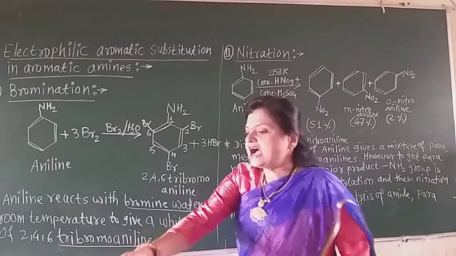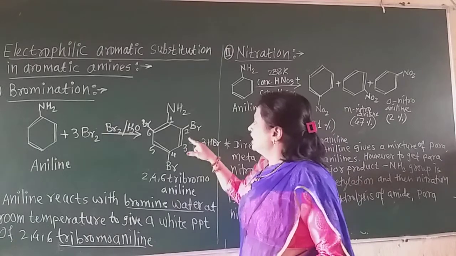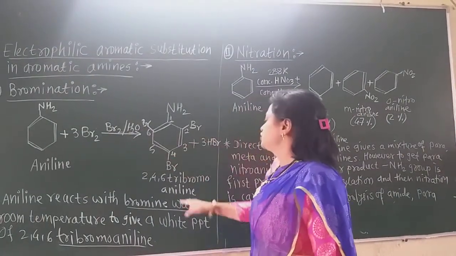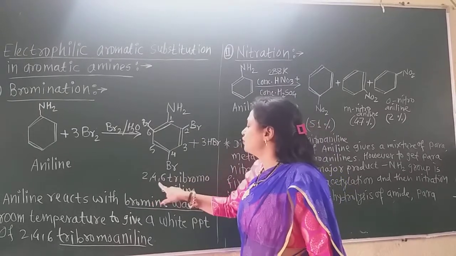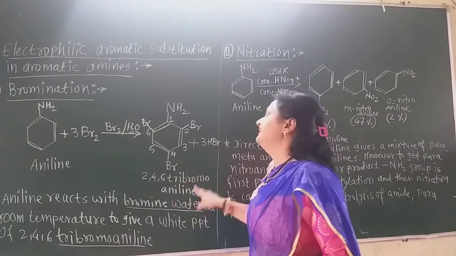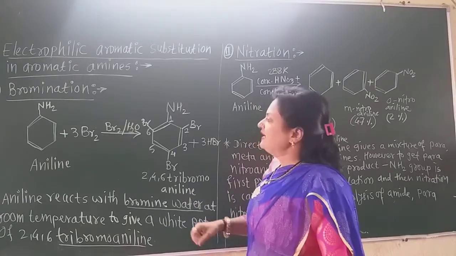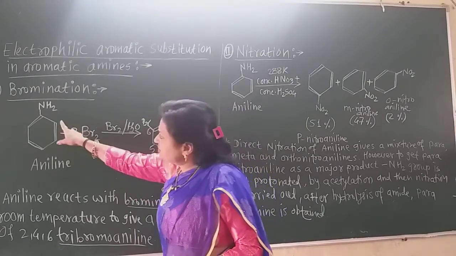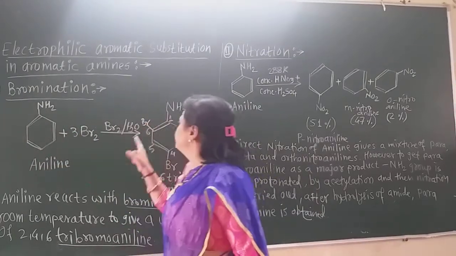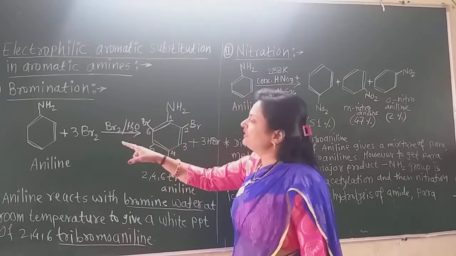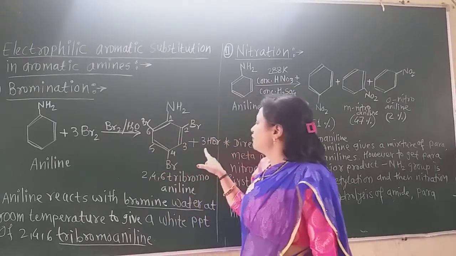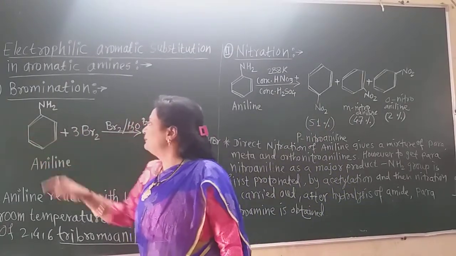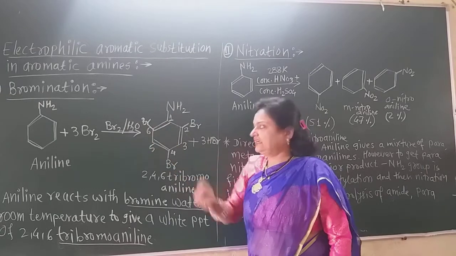Now as there are bromines at the 2, 4 and 6 positions, this compound is called 2,4,6-tribromoaniline. And the 3 hydrogen atoms which are replaced, together with the remaining 3 bromine atoms, form 3 HBr.